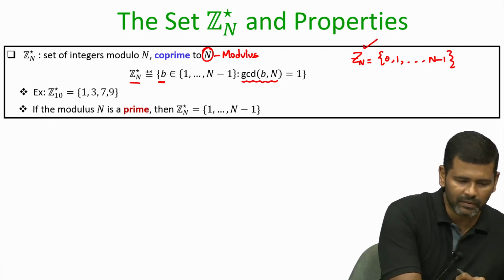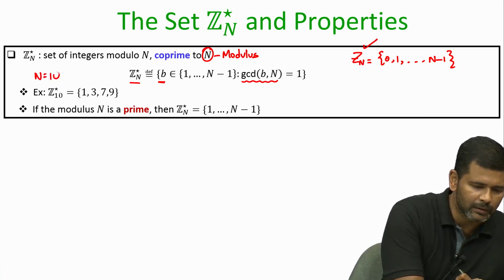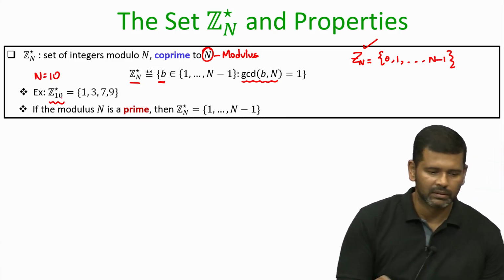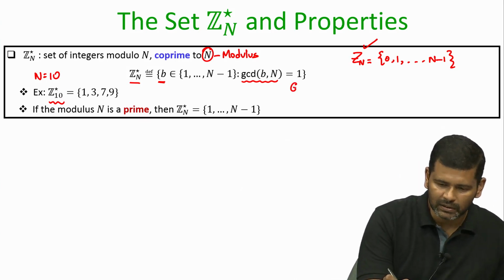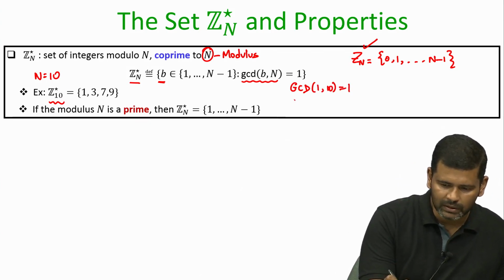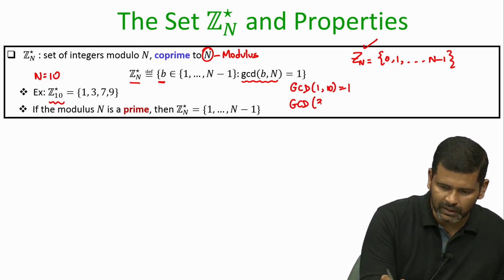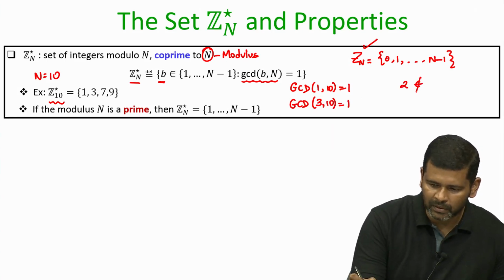For instance, if I take n equal to 10, then Z10 star will have the elements 1, 3, 7 and 9, because the GCD of 1 and 10 is 1, the GCD of 3 and 10 is 1, and so on. But 2 is not a member of Z10 star, because the GCD of 2 and 10 is not 1, it is 2.